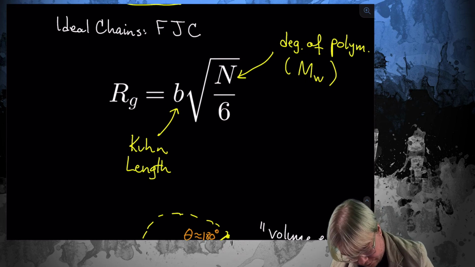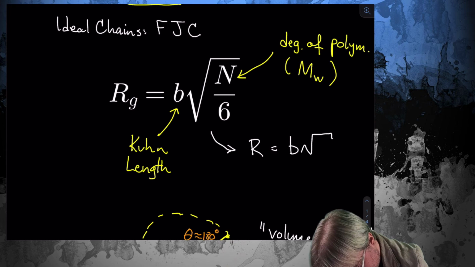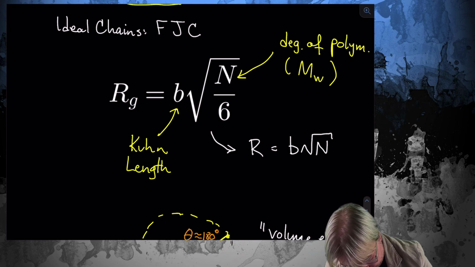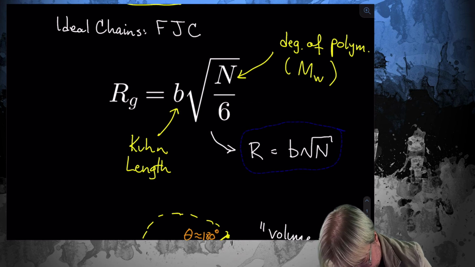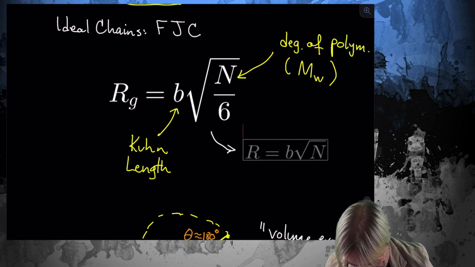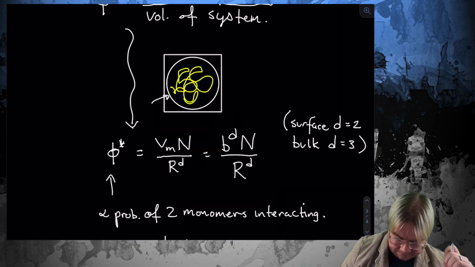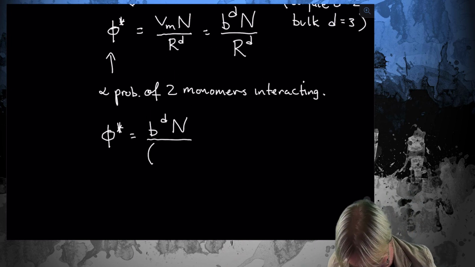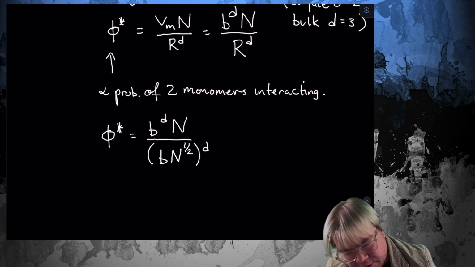Of course, remember that from the radius of gyration, I also know that the mean squared end-to-end distance is B times the square root of n, right? So that's the end-to-end distance. So I know what R is, at least if it's an ideal chain. So I can go down here and I could put B times n to the 1/2 raised to the D power.